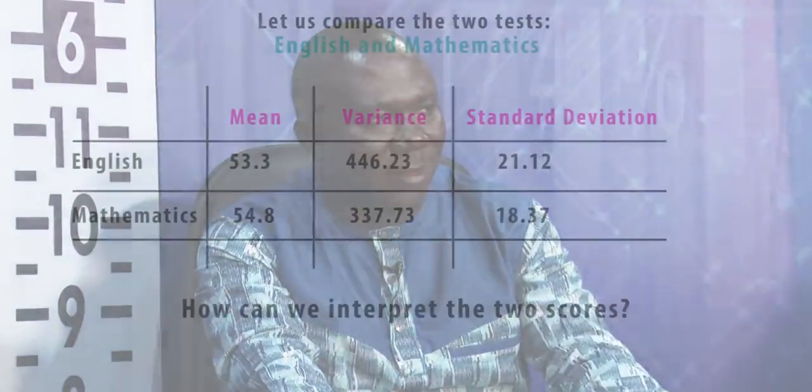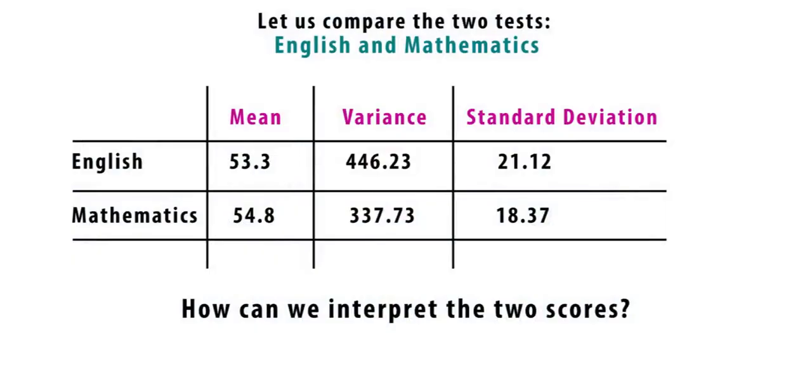Now, I want us to do a little interpretation. Our first data was on the scores from an English test. Our second data is the scores from our mathematics test of the same 10 students. For the English, we had a mean of 53.3, a variance of 401.61, and a standard deviation of 20.04.